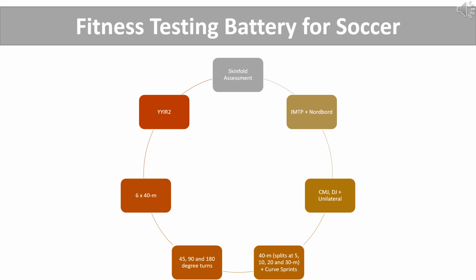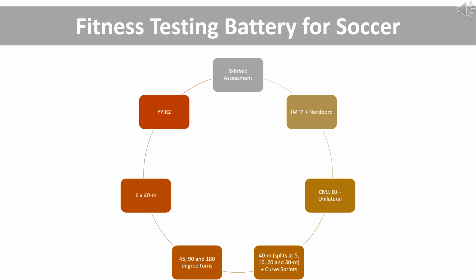When it comes to lower body power, I'd probably use a combination of the counter movement jump and the drop jump because I know they're assessing both slow and fast stretch shortening cycle mechanics, and I'd probably consider 1 or 2 unilateral variations of those tests. I might not use the unilateral drop jump because it's very, very advanced as a plyometric method.